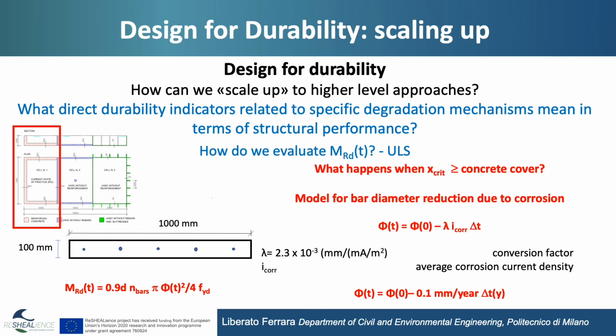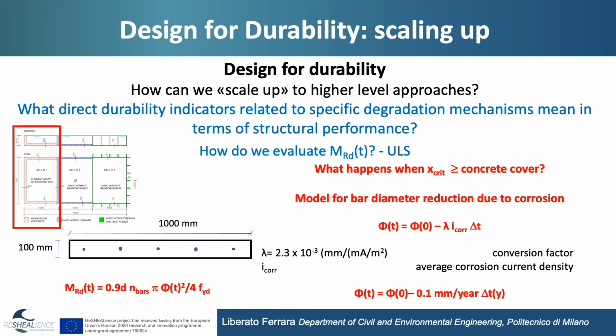So we estimated, just for an example, that every year, because of the corrosion, we lose 100 microns of peripheral layer around the perimeter of the reinforcement. And so progressively, the area of the reinforcement is reduced.